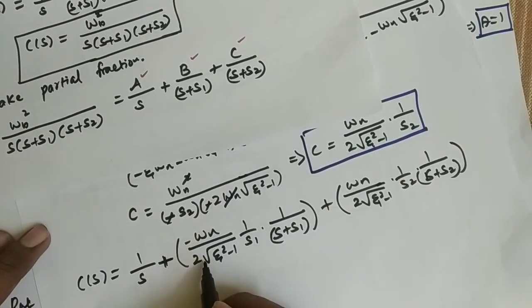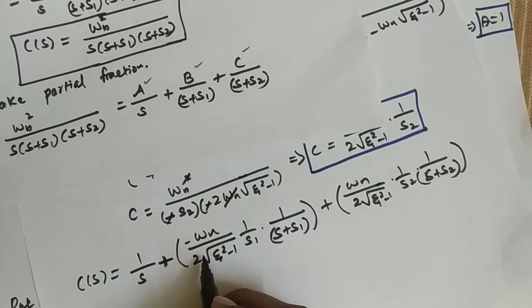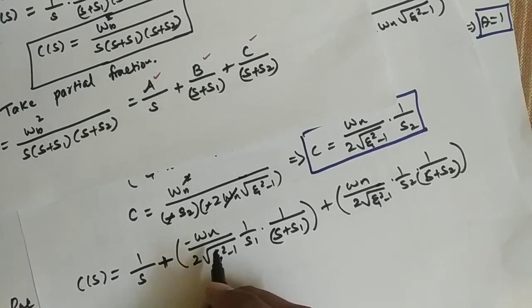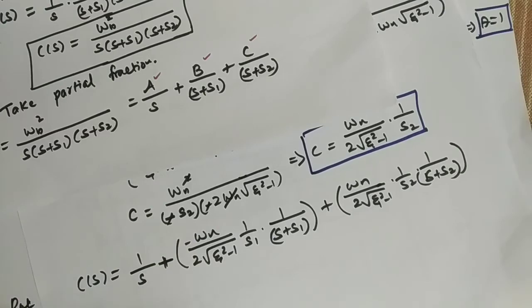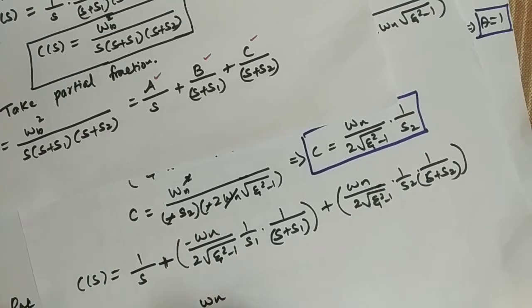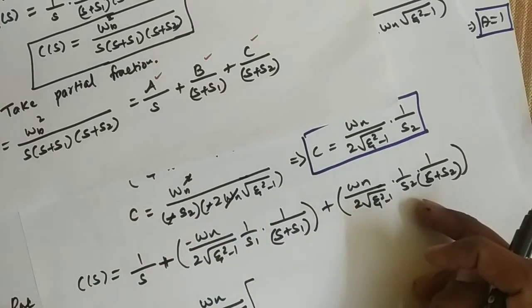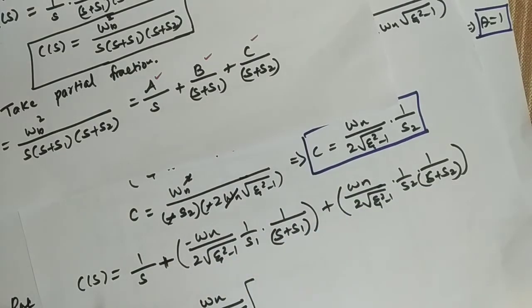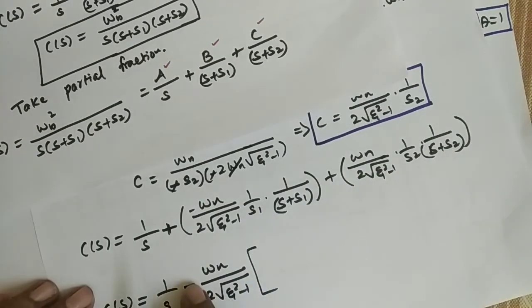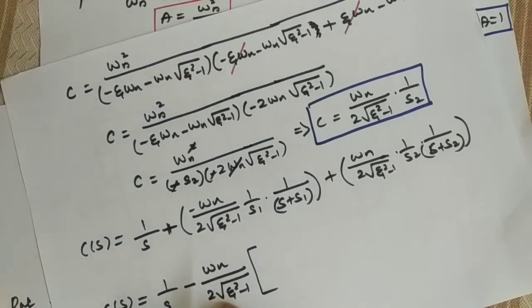Okay, so we can take some terms as common. Likewise we can take the value of 1 by s, minus omega n divided by 2 root of eta square minus 1, as common from these two terms. So we are taking minus omega n by 2 root of eta square minus 1 as common.